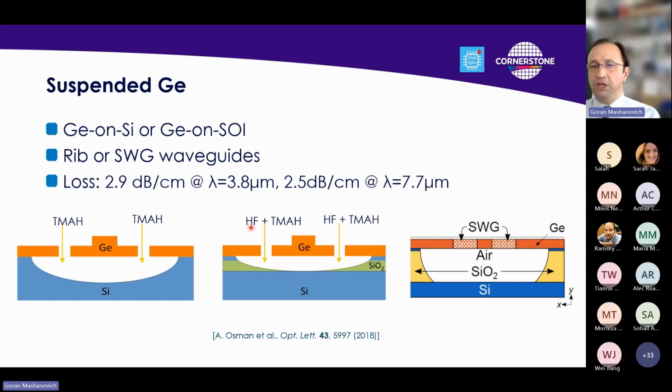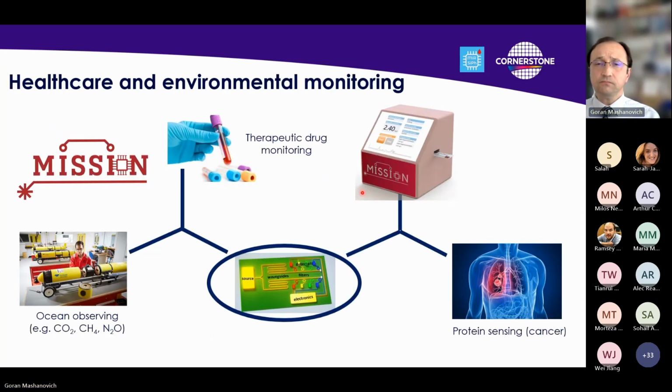And then we use both HF and TMAH. TMAH would remove silicon and HF oxide, and then we would get the suspended germanium. Or we also, in collaboration with Malaga, demonstrated some sub-wavelength grating germanium, so with just one etch step. And again, decent numbers for the loss.